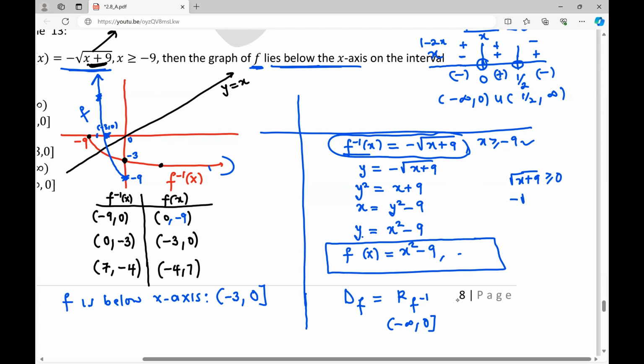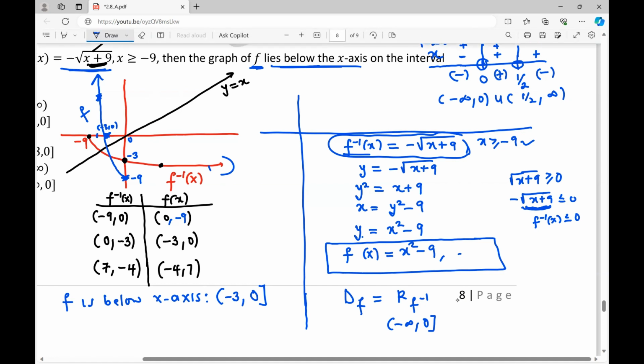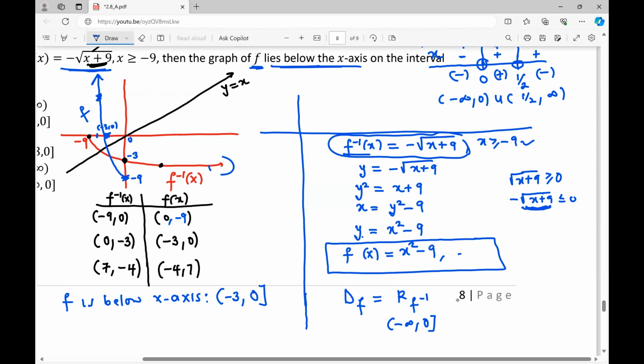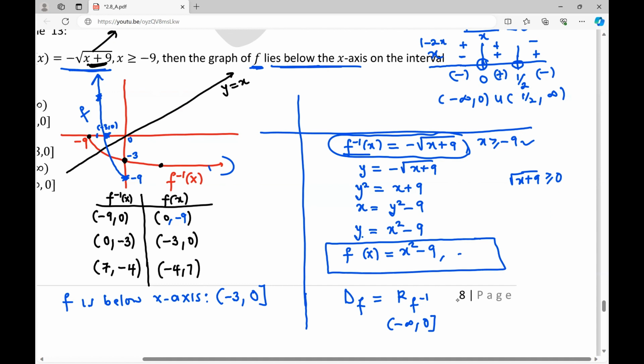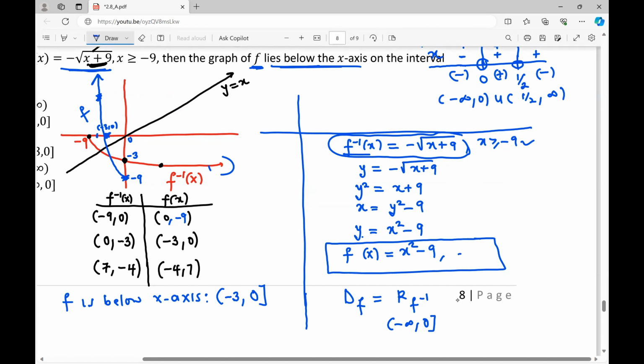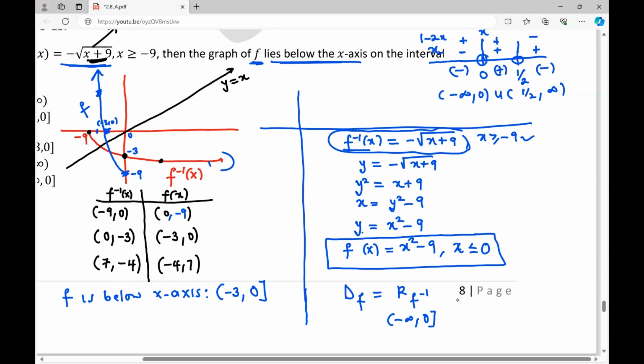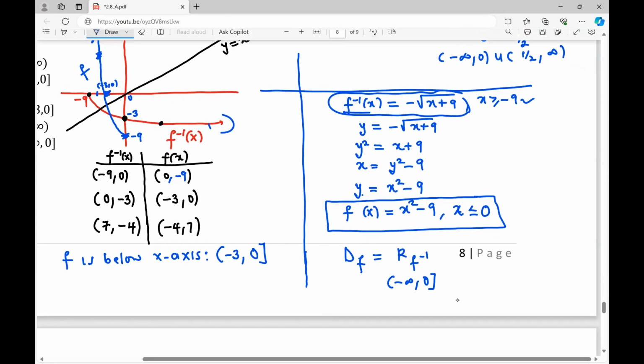Then if you put a minus, you will have it less than or equal to 0. So this is our F inverse of x, and it's always less than or equal to 0. So the range is from minus infinity to 0, which means you have to put a condition here that x is less than or equal to 0.